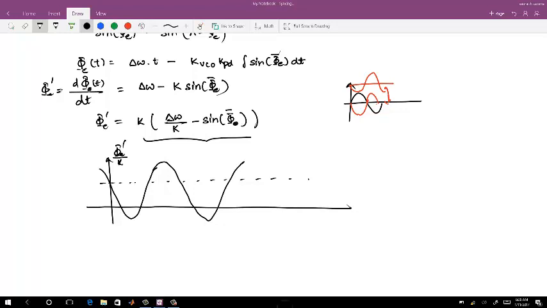Now what we said is that this should be equal to 0. This is with respect to phi e average, and this curve is shifted by delta omega by K. So now you have multiple nulls, one here, here, and the other ones here. This is what I was saying, that you can have nulls at multiple phi e. This is within a pi, right?